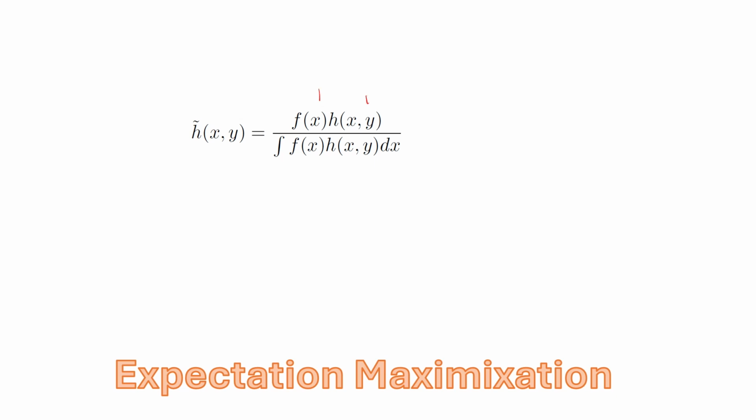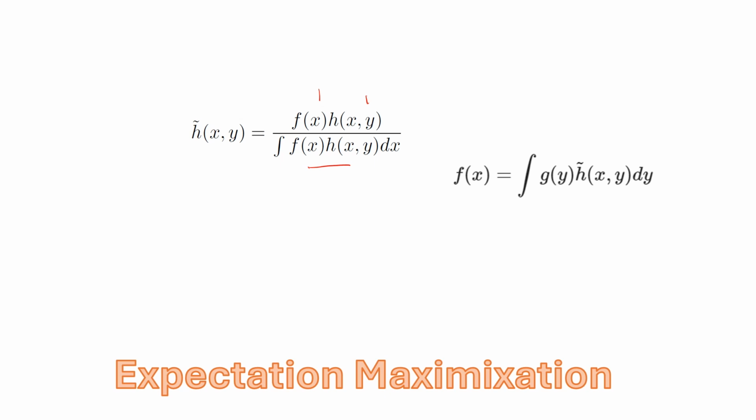Now we've written g of y in its forward model form as the integral of f of x against h of xy. Now, given h tilde of xy, we can integrate over y, g of y times h tilde of xy. H tilde of xy integrated over all y recovers f of x.